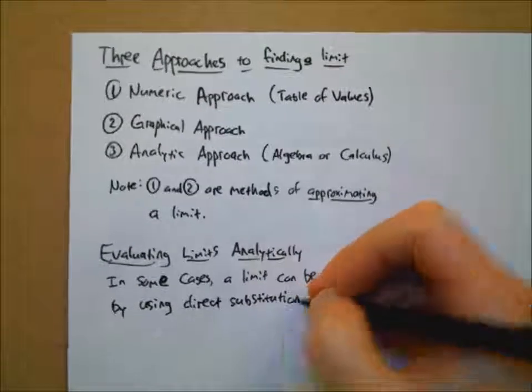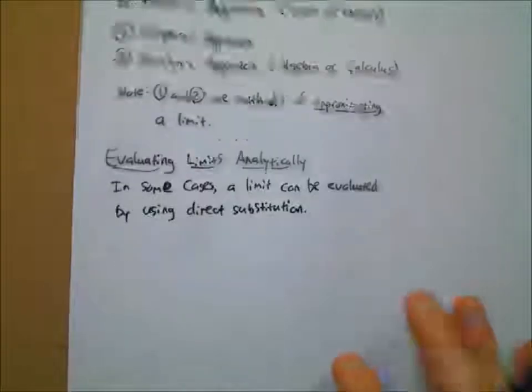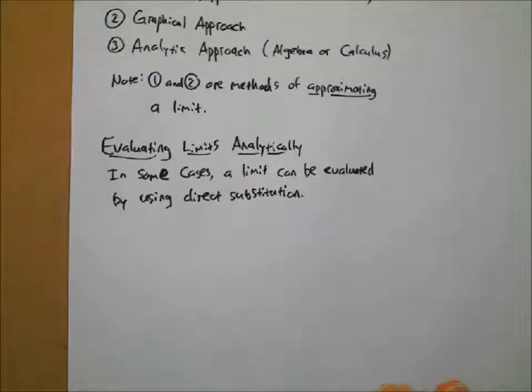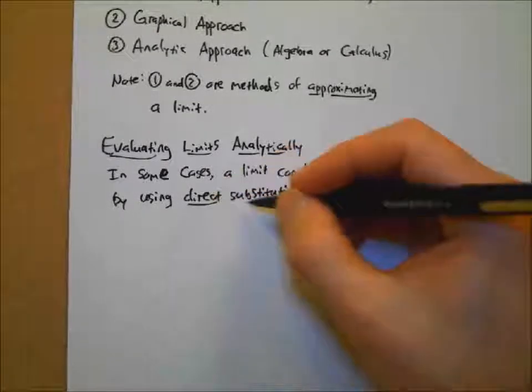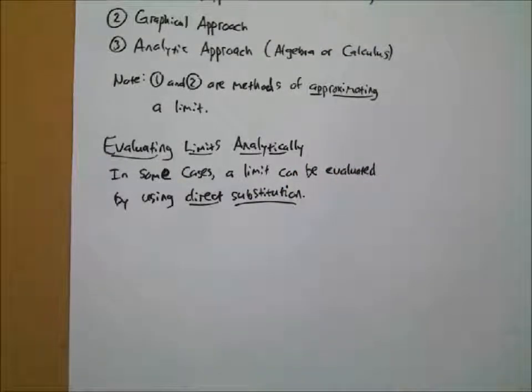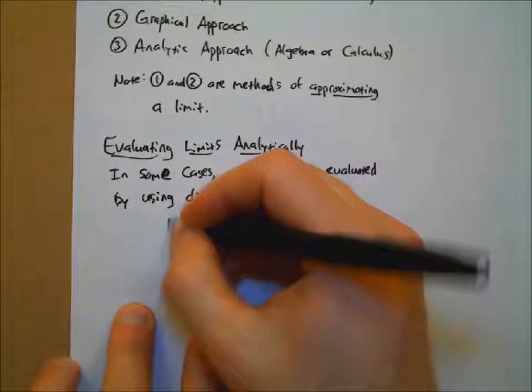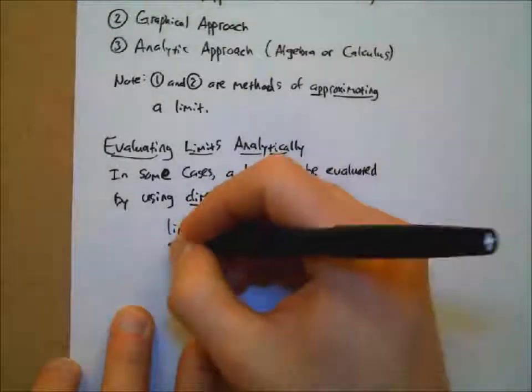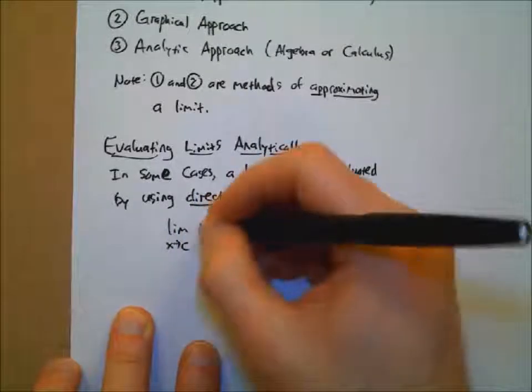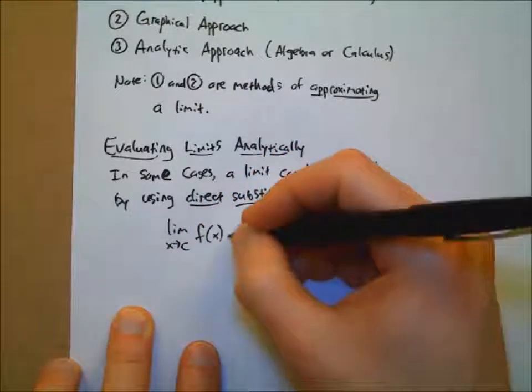This is where it can get a little funky, because when we do this direct substitution technique, it feels like we're evaluating the function. It feels like a function evaluation, and it's very close to it, but it's not quite the same thing. In other words, the limit as x approaches c of f of x is equal to f of c.